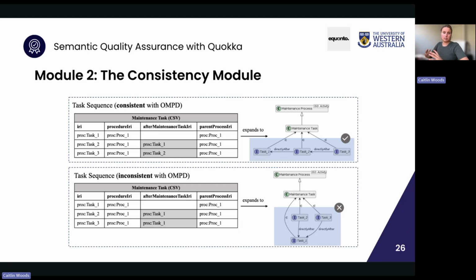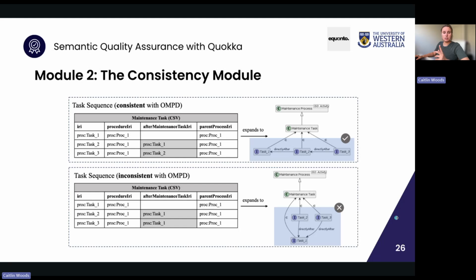The reason that we did this is described in the paper, I won't go into that here. But rather, in this module, we can check if the data populated in the completion module is consistent with this axiom. And so if there are branching task sequences or procedures that don't contain a linear structure, then that's not consistent with the OMPD ontology and a reasoning error will be thrown.